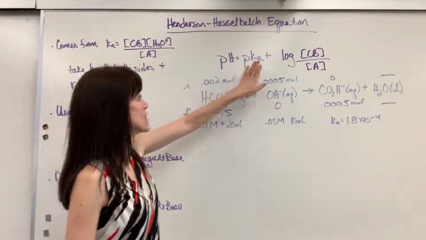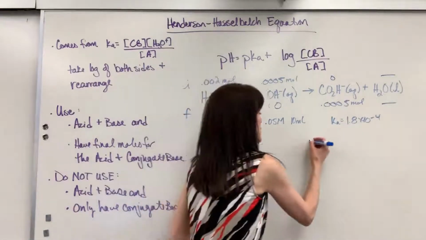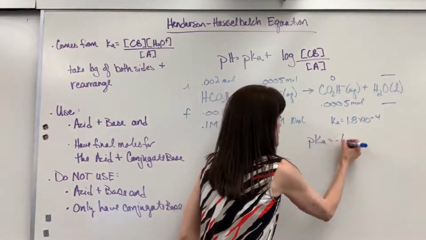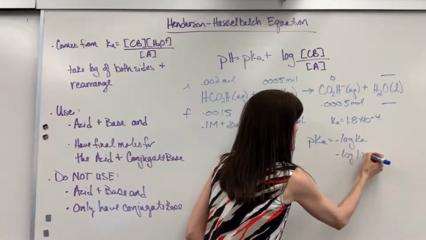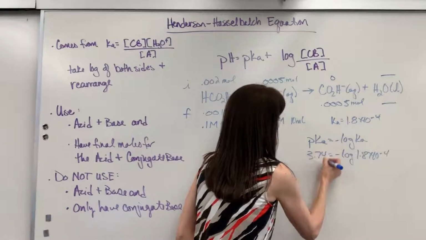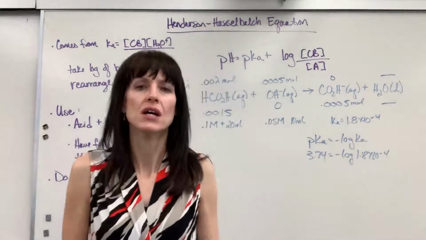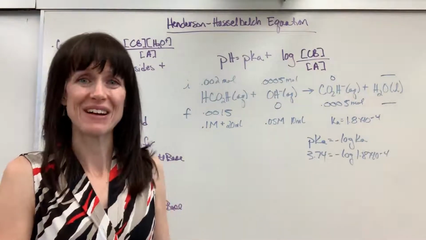So to do Henderson-Hasselbalch, I need the pKa. Here's my Ka. Remember, pKa equals the negative log of Ka. So let's do the negative log of 1.8 times 10 to the minus 4, and that equals 3.74. Okay, put that in your calculator, you'll get 3.74. Now, all we have to do is plug in our numbers.